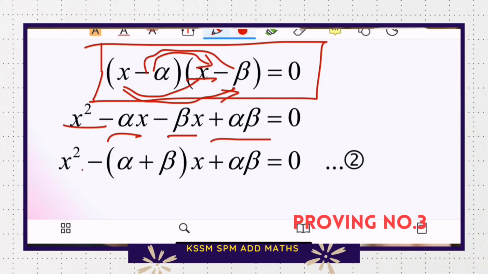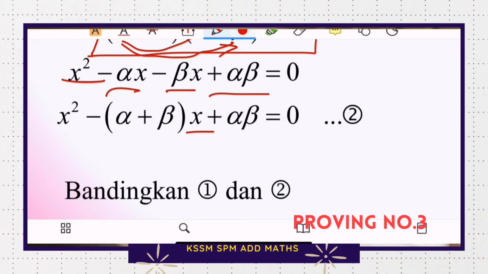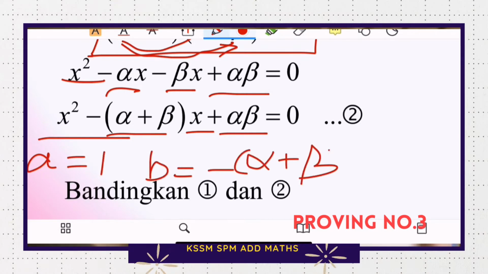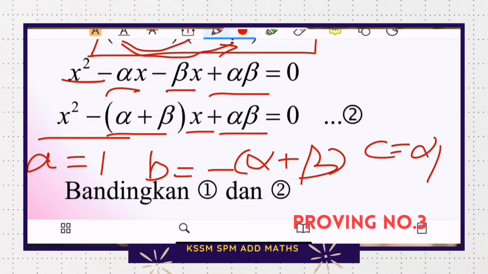So we will factorize the x. Finally, we will get the general form like this, whereby we can see the a is 1, b is negative alpha plus beta, and c is alpha beta.